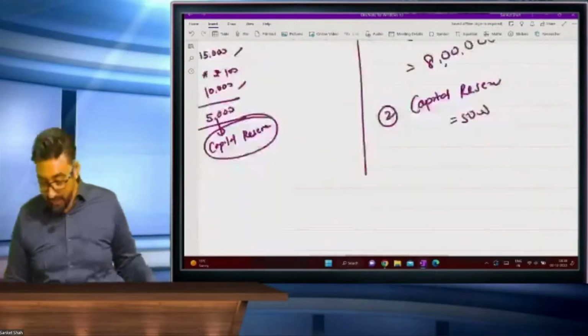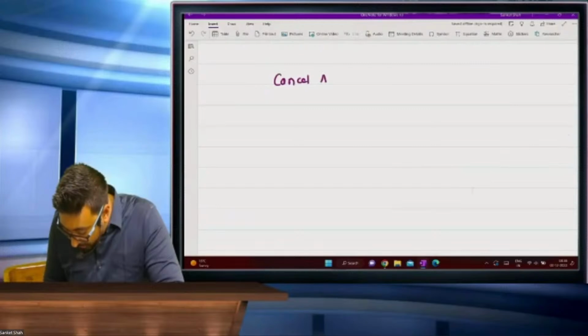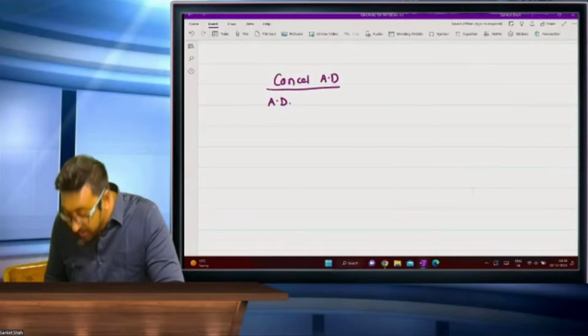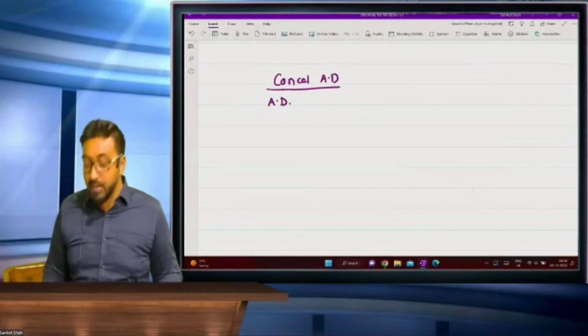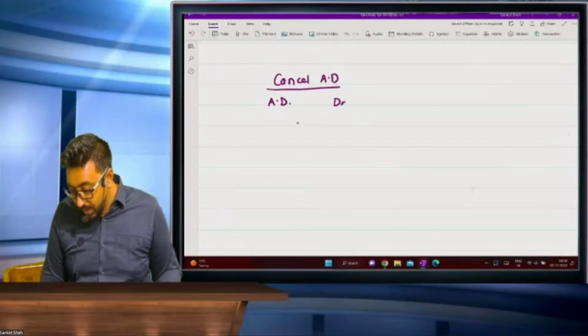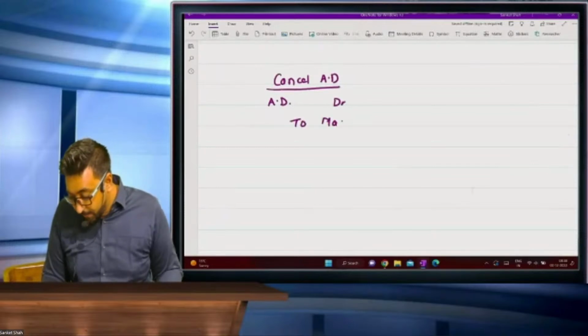One more time. First, cancel accumulated depreciation. Now, accumulated depreciation has a credit balance. So, accumulated depreciation account debit, हायर परचेज में already किया है आप लोगों ने ये, to machinery.